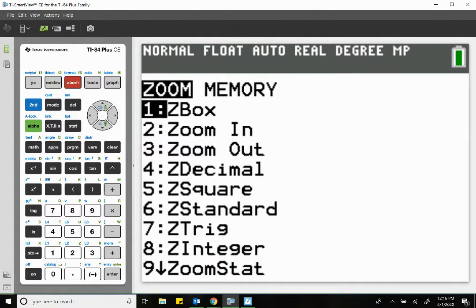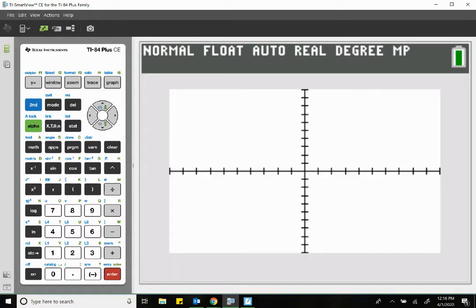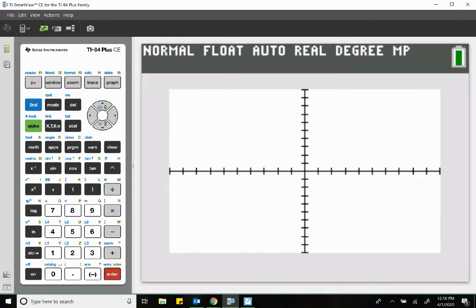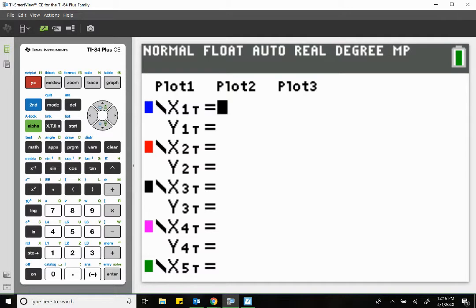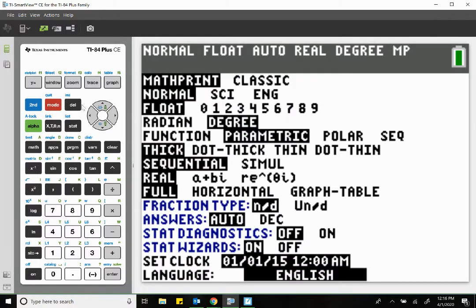And in Zoom, make sure that we scroll down to standard so that our window is set up the way it should be. If you hit Zoom standard, it looks like a normal graph. But if you look under the window, see things have kind of changed here, and we'll talk about this soon enough. So there's making sure that our calculator is in the proper mode. Again, you hit mode, make sure that you're in parametric.